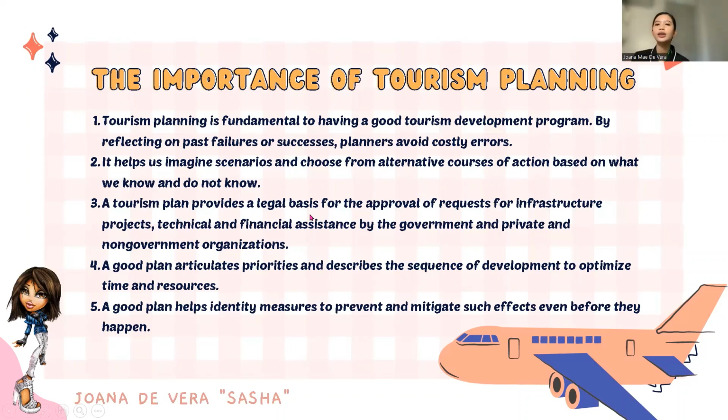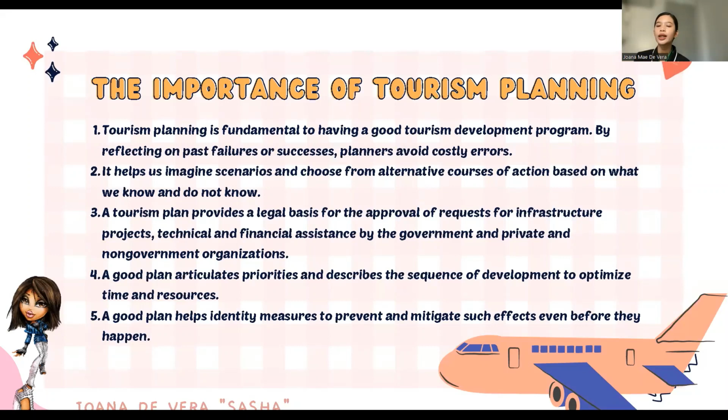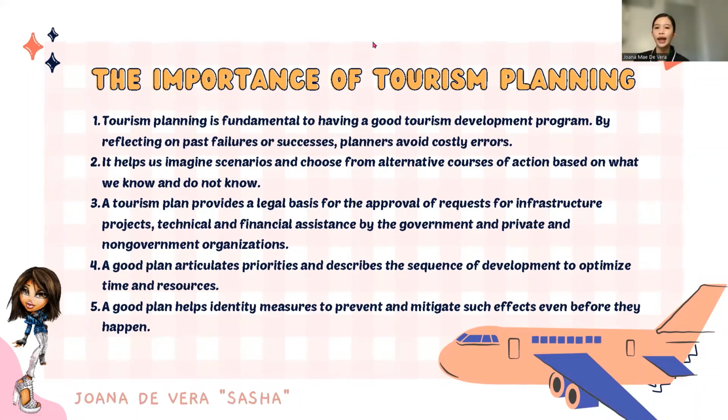And next, a good plan articulates priorities and describes the sequence of development to optimize time and resources. One of the benefits of having a plan is that you can focus and know what should be prioritized, and you can also better optimize the time and resources you will use for the project.